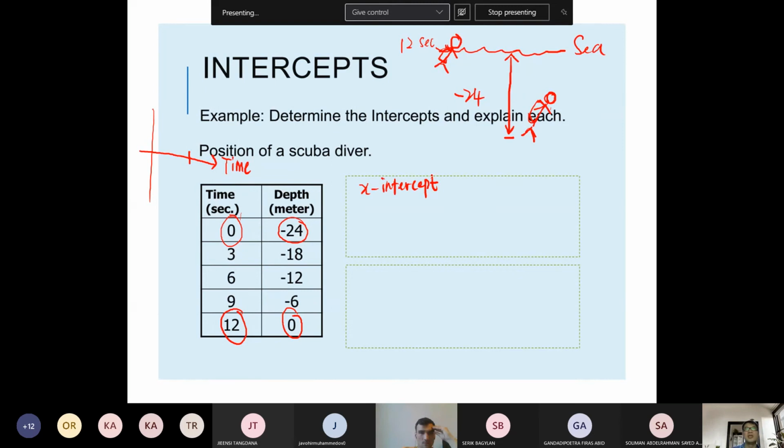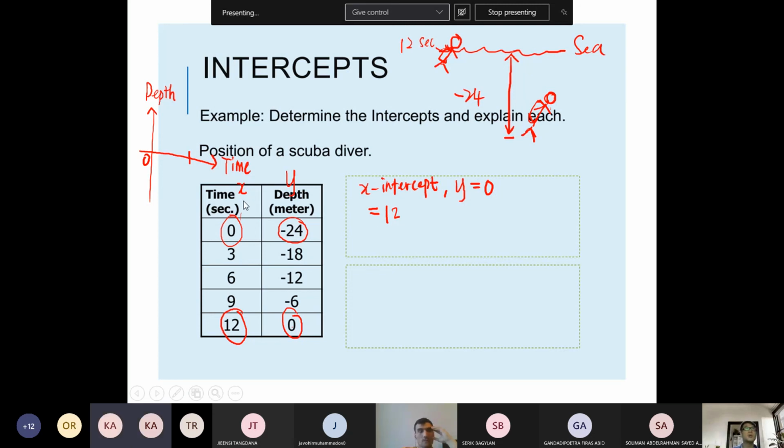To find the x-intercept, what should be 0 here? Y. Good. The y should be 0. We are looking for y. This is the y and this is the x. So when y is 0, the x-intercept is 12. Is that okay?